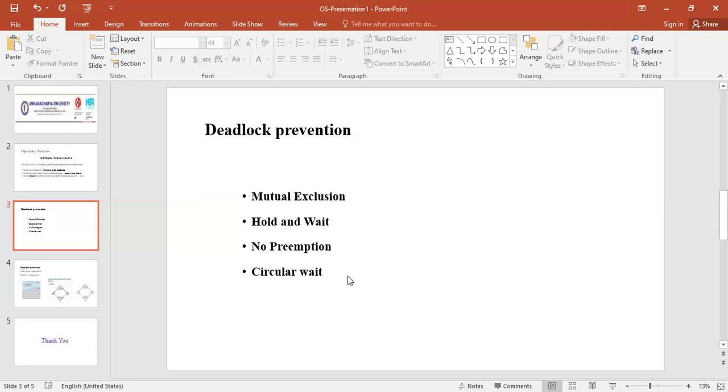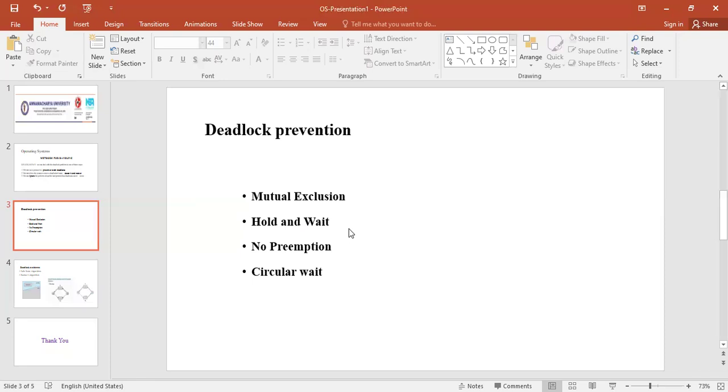But the remaining three can prevent the deadlock. So through these three mechanisms, we can handle the deadlock situation. If any one of the characteristics is solved, it can prevent the deadlock, so automatically the system will not enter into the deadlock state.